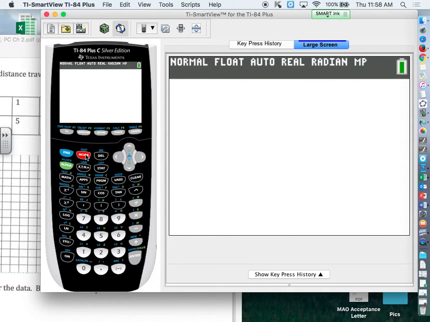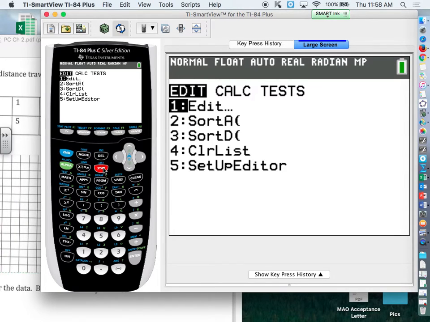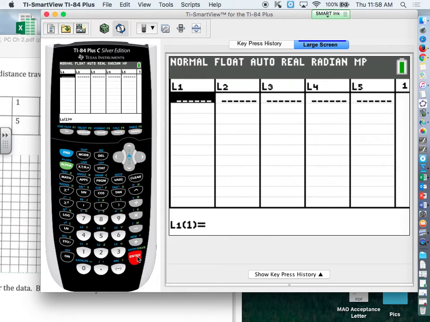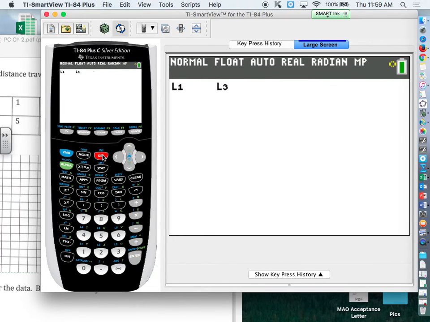To enter data, you always hit the stat button. Everything we're going to do is in the stat button, which is right below the delete button, and we're going to edit lists. You should have list 1 and list 2 showing there. If your list is missing, suppose I came up here, don't do this to your calculator, but suppose you didn't have that list there. Suppose it was 1.